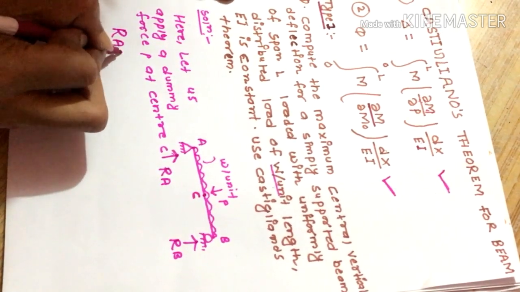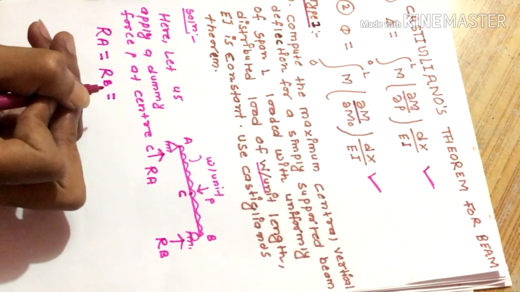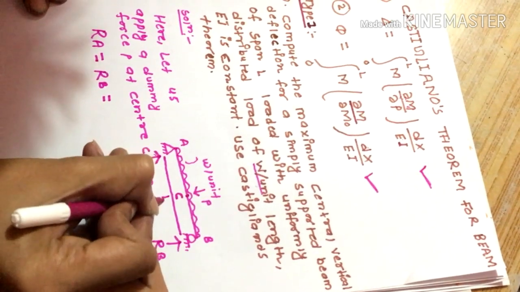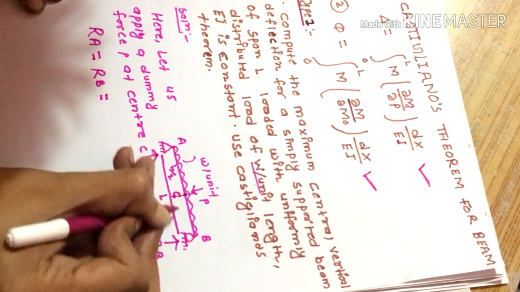So we can write RA is equal to RB, with total length L, and from C it is L by 2.